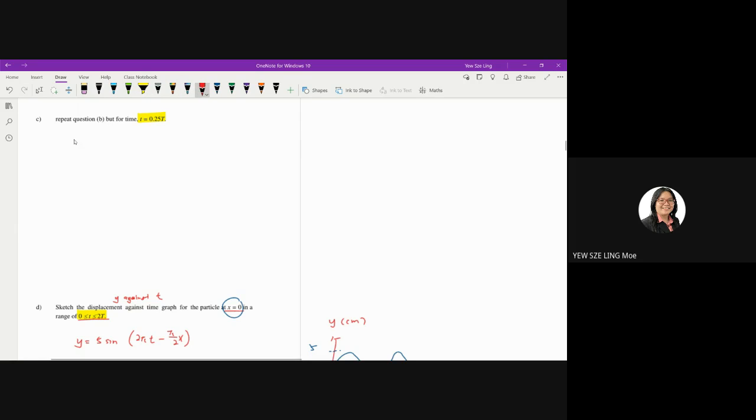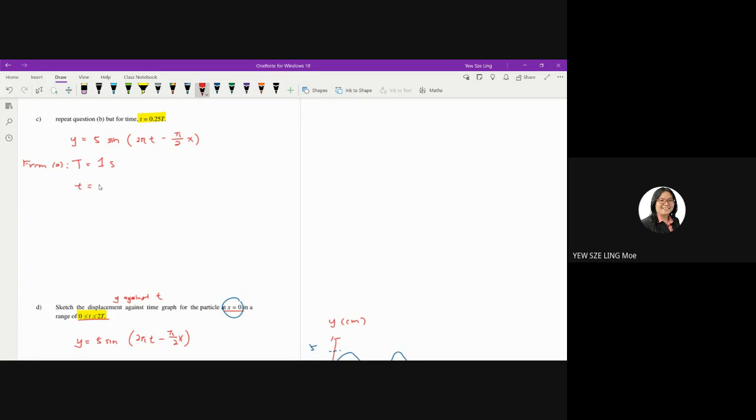The general equation is y equals 5 sine (2 pi t minus pi over 2 x). We have period, capital T, equals 1 second, according to question A. So from A, we know T is 1 second.